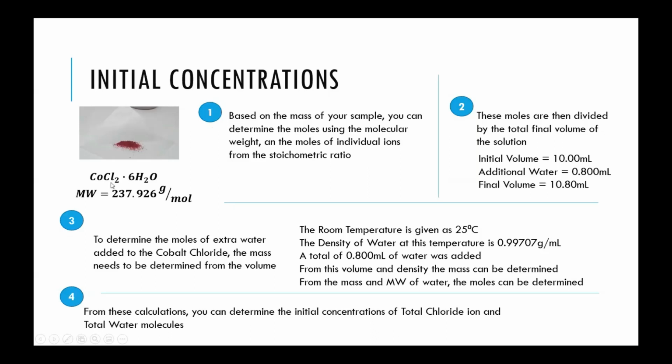You're going to be obtaining the mass of cobalt chloride, dividing that by the molecular weight, figuring out how many moles of cobalt chloride hexahydrate there are, and then determining how many moles of cobalt ion, how many moles of chloride ion, how many moles of water molecule, and those subsequent molarities coming from that solid itself.